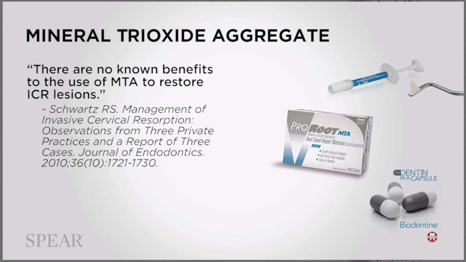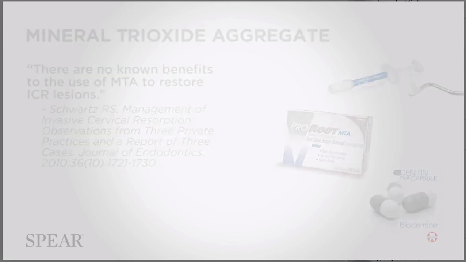So MTA is not something you want to place in those defects, because you're not trying to get bone to grow up there. You want to make sure you're using a material where the flap will reattach properly and you'll get a good connective tissue reattachment to the restorative material you're using.